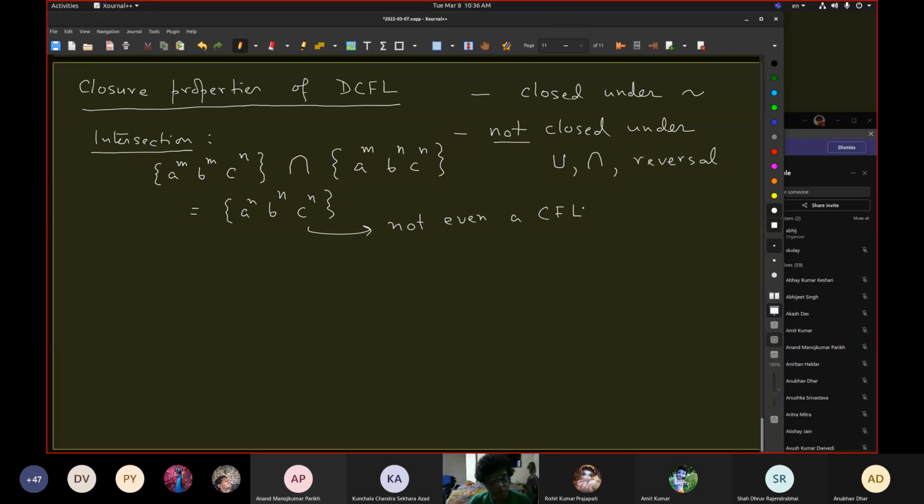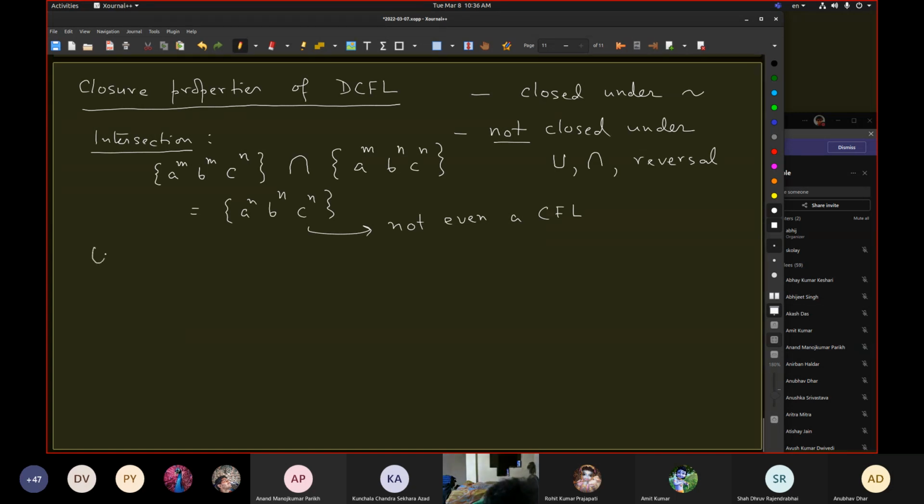So the intersection of two deterministic context-free languages is not necessarily deterministic context-free. It may even be non-context-free. So deterministic context-free languages are not closed under intersection.